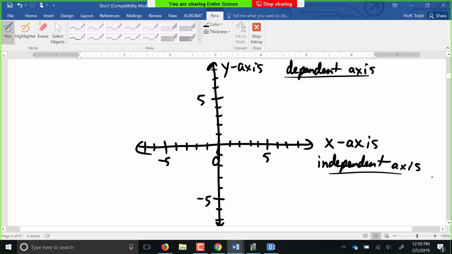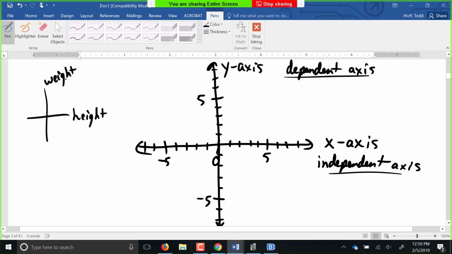The reason it was called the dependent axis is it was usually the variable that was influenced by the first one. For example, if we did height and weight, you would want to put the height on that horizontal axis and weight on that vertical axis. Why?